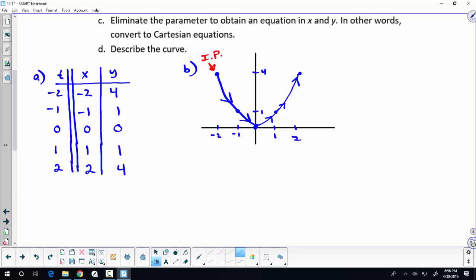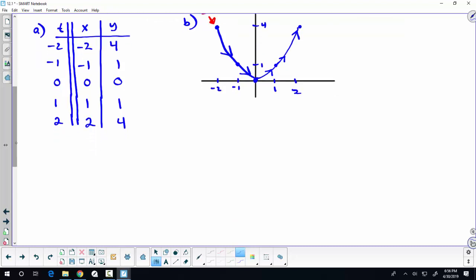Did y'all get at least that far? Yeah. Okay. Part C, did y'all finish that? So this one wasn't too bad. X is t and y is t squared. So that means we're just going to plug in t equals x.